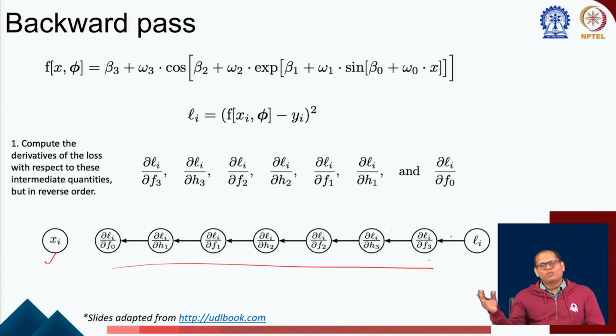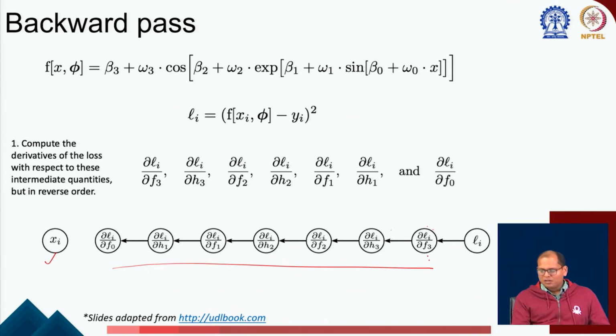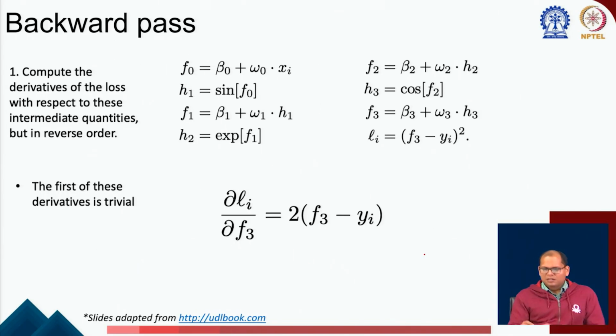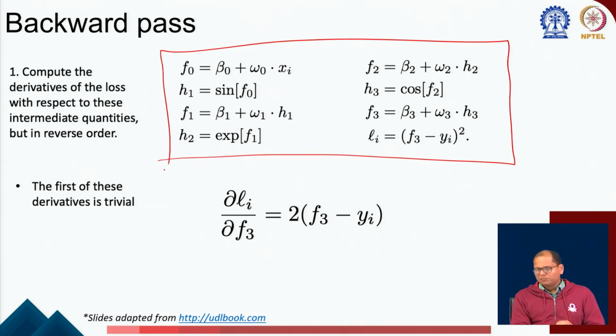So, I will go backward and compute the derivative of loss with respect to each of these quantities. Now, how exactly? First, I have to compute the derivative of loss with respect to F3. Now, I have to keep my forward propagation handy. I will start with the last thing.